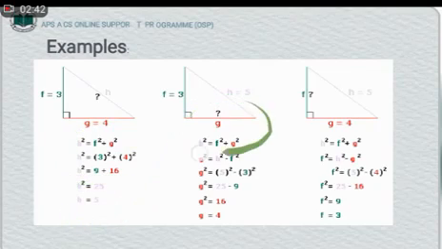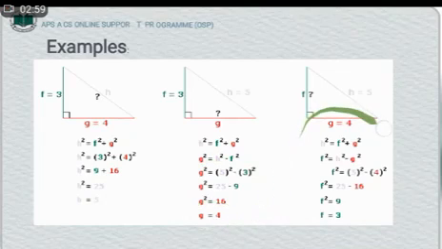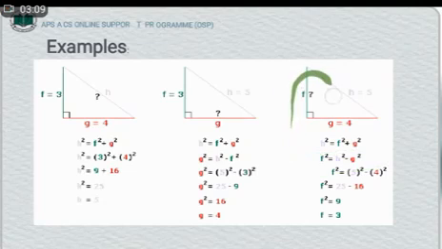But in the second example, we are applying Pythagoras theorem, but what is unknown? Base is unknown, so arrange your formula according to the unknown value, then put the values and find the value of the unknown. Similarly, in the third example, apply Pythagoras theorem and arrange your formula according to the unknown value. What is unknown in this question? Perpendicular is unknown. Arrange the formula, put the values and find the value of the unknown.